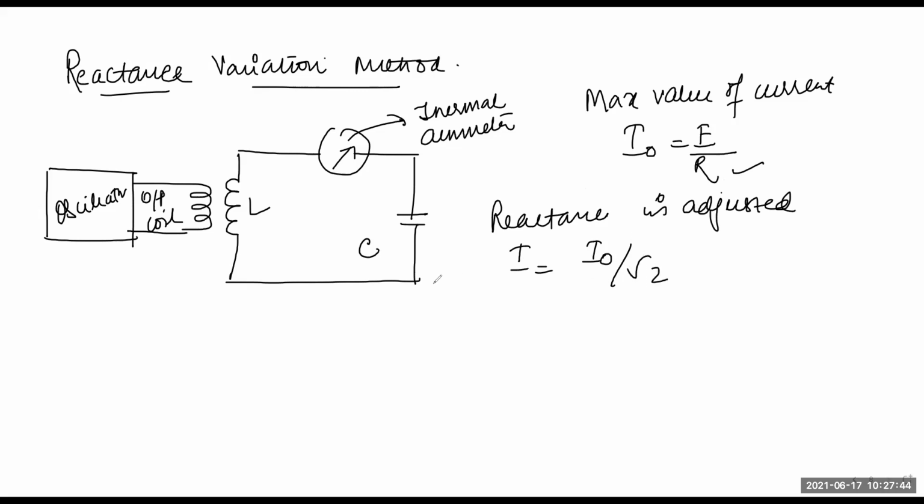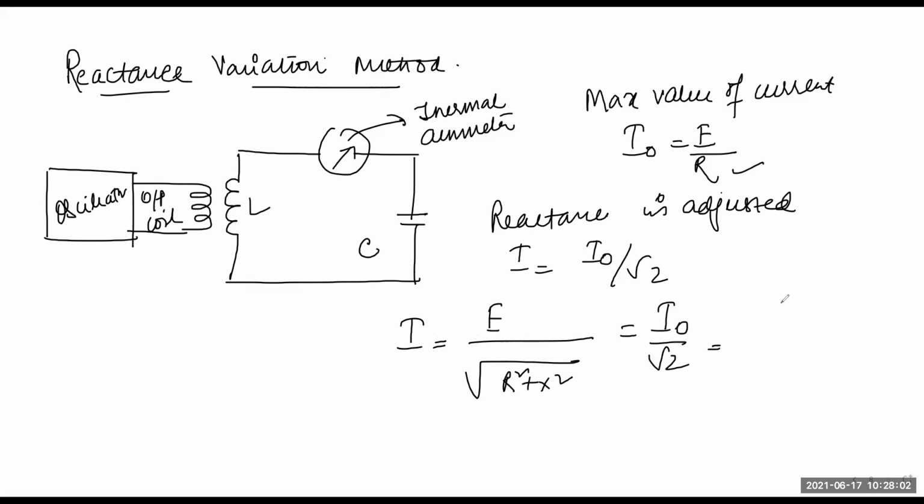I know E already, and down here I will put √(R square plus X square). So this is equal to I0 by √2, and this we can write as E by √2R. So X we can write in terms of plus minus R.